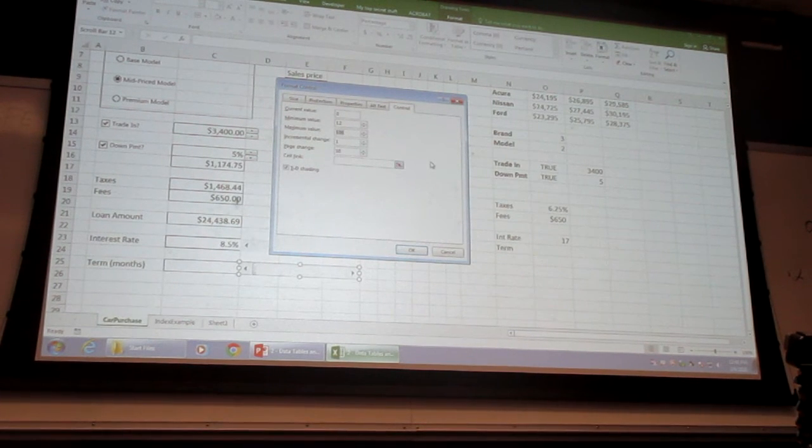Our maximum value of 6 years will be 72 months. And our incremental change will be the 6-month increments. And I'll capture that right here in 022. Okay, so I'm going to go from 12 to 72 in 6-month increments.